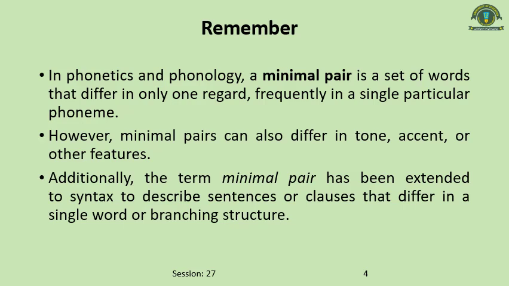However, minimal pairs can also differ in tone, accent, or other features. Additionally, the term has been extended to syntax to describe sentences or clauses that differ in a single word or branching structure. So the difference could be in one word when we have a branching of structure. All right?